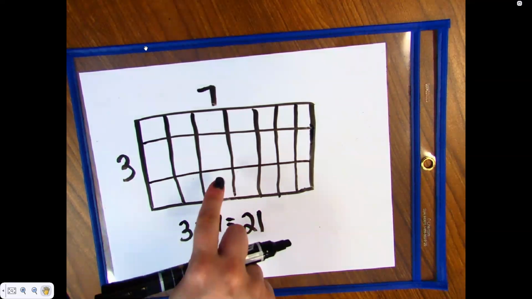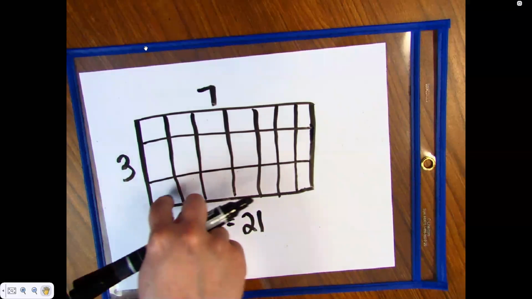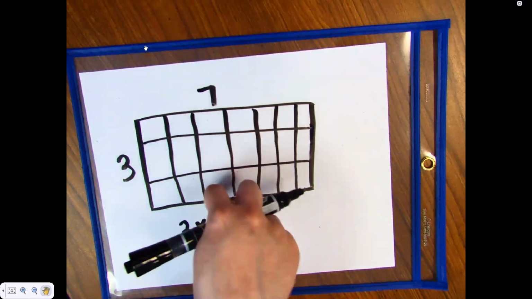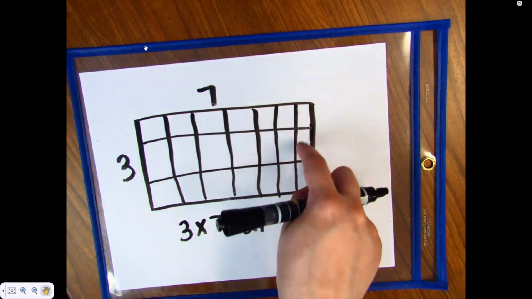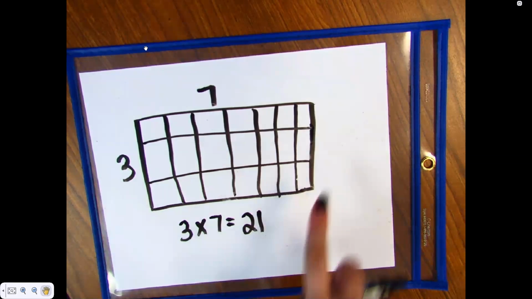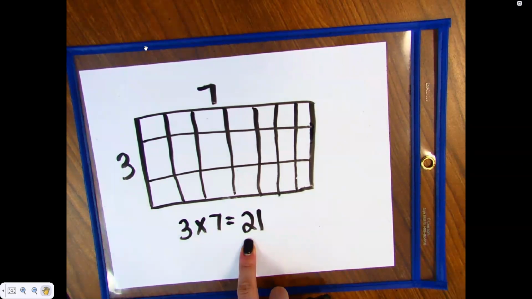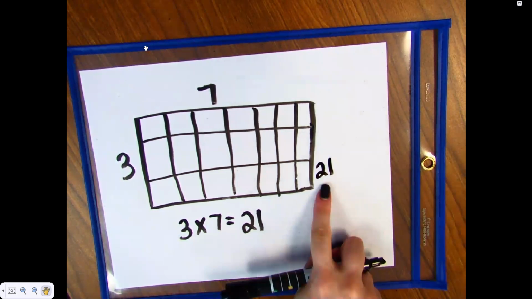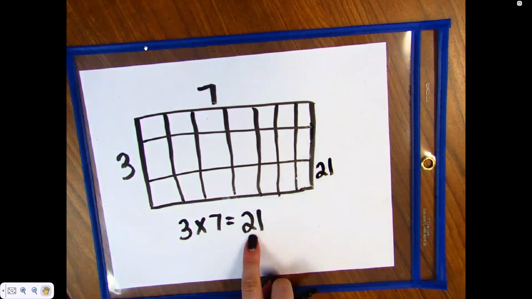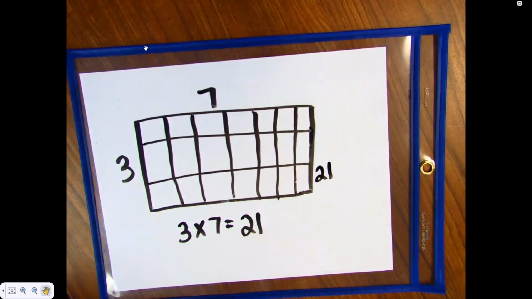And then I could count all these squares. 1, 2, 3, 4, 5, 6, 7, 8, 9, 10, 11, 12, 13, 14, 15, 16, 17, 18, 19, 20, 21. Is that the same as the answer I got when I multiplied? Yeah. It is, right? I had 21 squares when I counted, and I also have 21 when I multiplied. So you can do this either way. It just depends on which one's easier for you, okay?